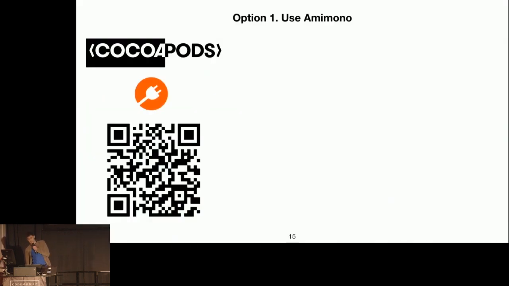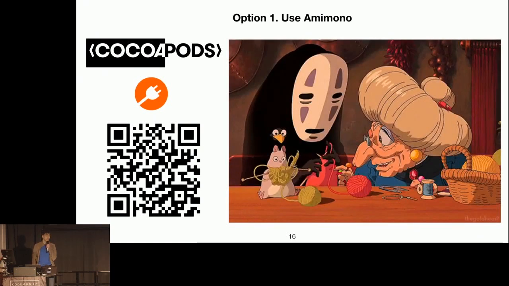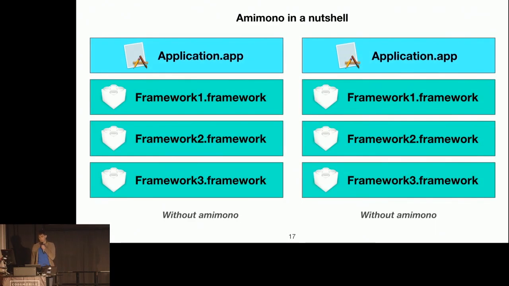Option one is a CocoaPods plugin called Amimono. It's open source and available on GitHub. It even has a logotype, so yes, it's a real technology. And we've been using it for 2 years quite extensively, and it works fine. So what does it do in a nutshell? We have two applications and dynamic frameworks bundled inside.